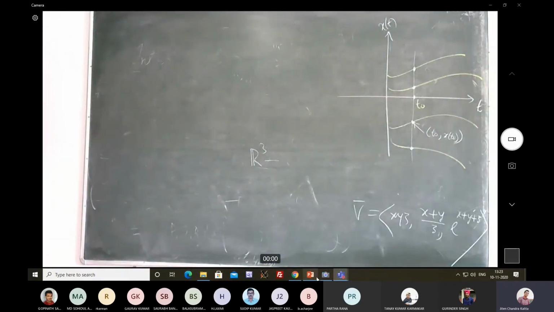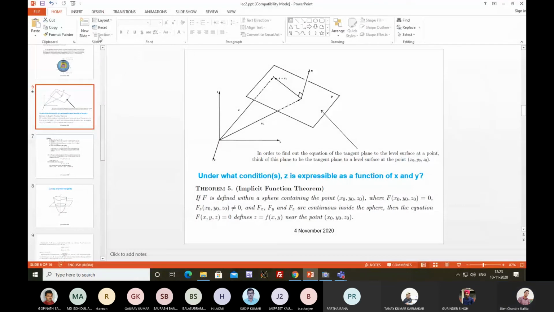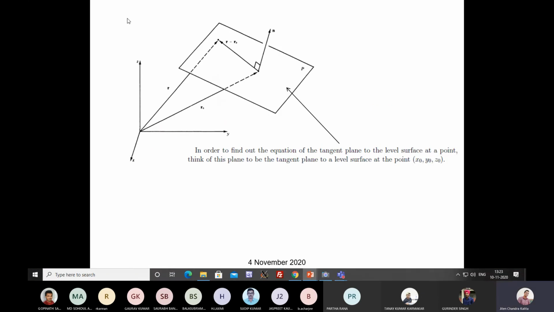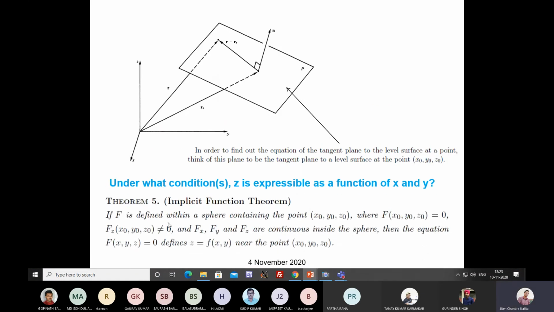So this is one of the forms of the implicit function theorem. Here, they have defined the function, containing the point x naught, y naught, z naught, where f(x naught, y naught, z naught) equals 0.